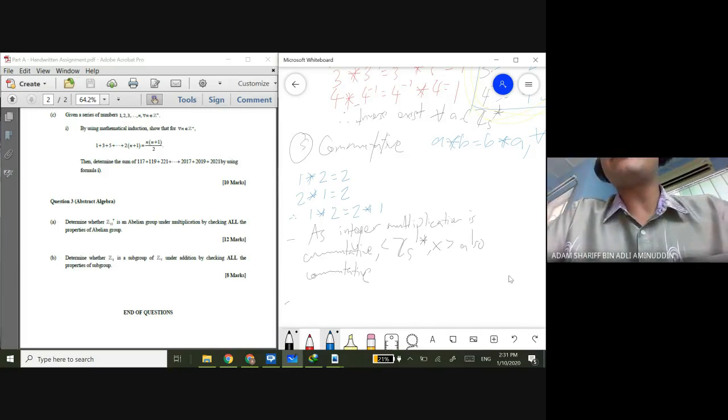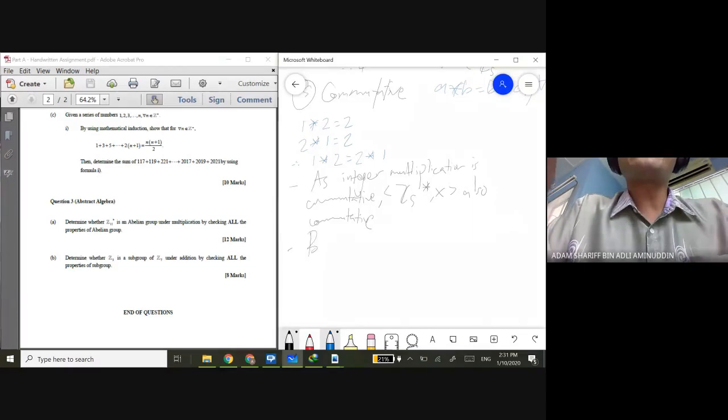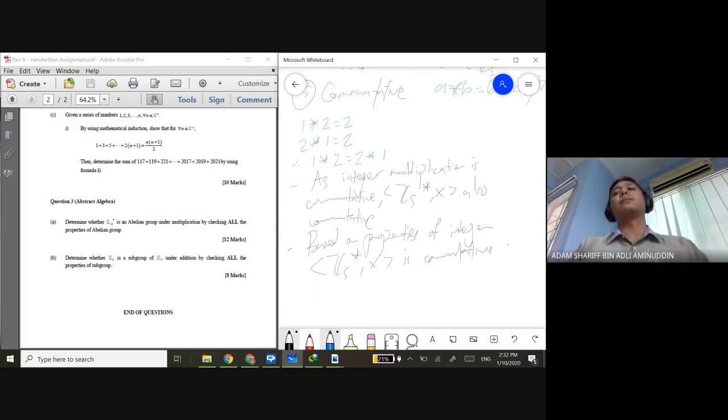Ada student jawab based on properties of integer. Z5 star is commutative? That is the proof for the commutative part.